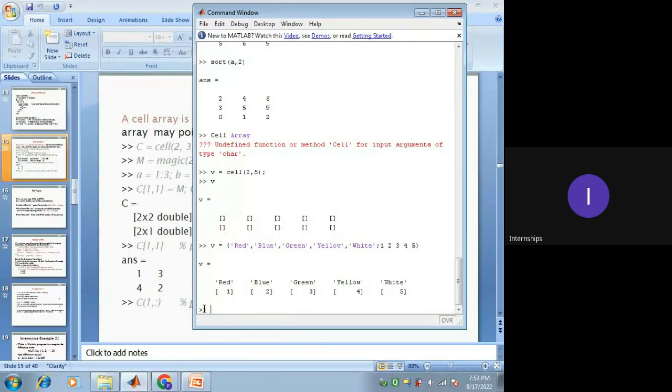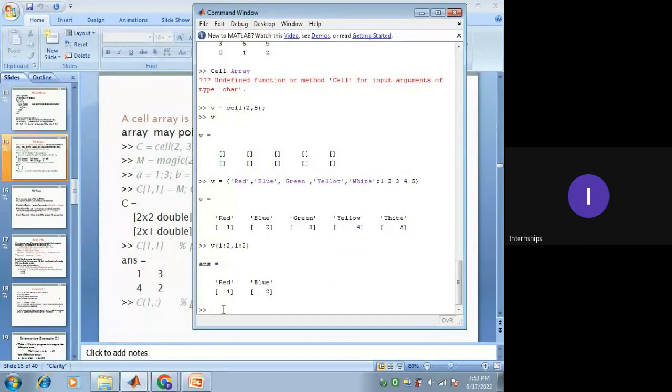Now I will show you another last command of array. Here, suppose we are writing C or V within first bracket 1:2, comma 1:2. That means we will select the first row and second row, and the columns from first column to second column.